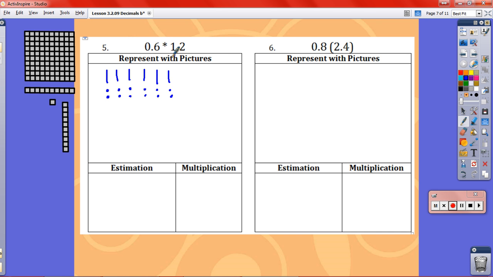I skipped my estimation, so let me estimate. This is going to be close to 1 times 1, so it's going to be somewhere around 1. So this is 1, 2, 3, 4, 5, 6, 7, 8, 9, 10. I can make a whole group.